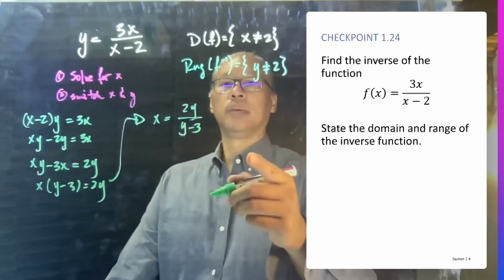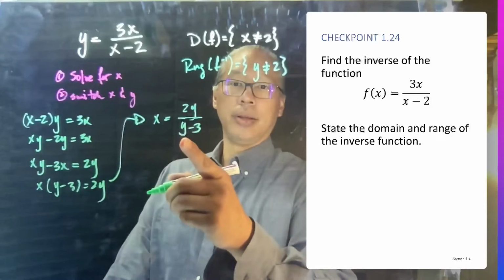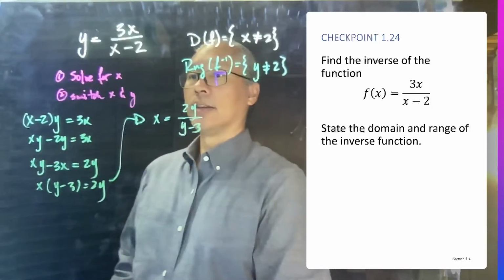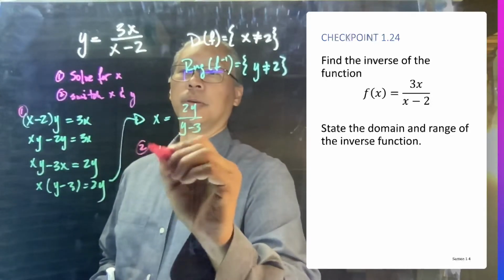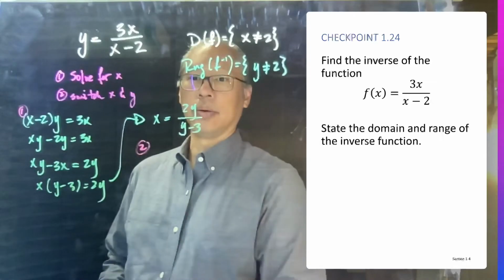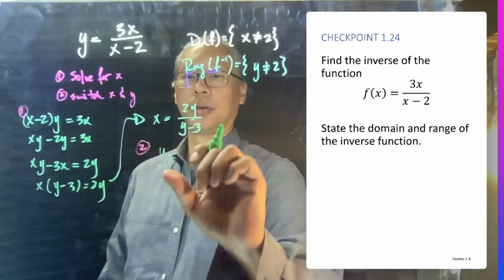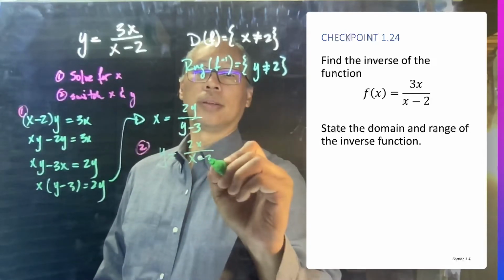And from here, we'll see that we don't want 3 for the denominator. Oh, let's take this last step here. So this is step 1. And step 2, switch the x and y. So we're going to have y is equal to 2x divided by x minus 3.